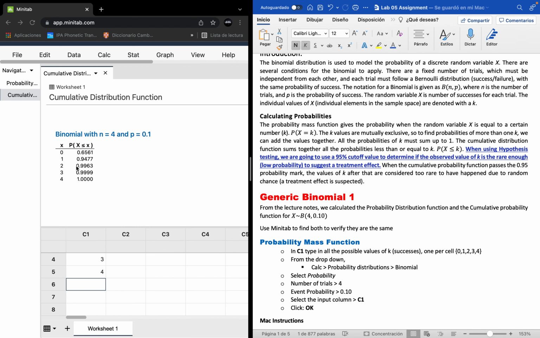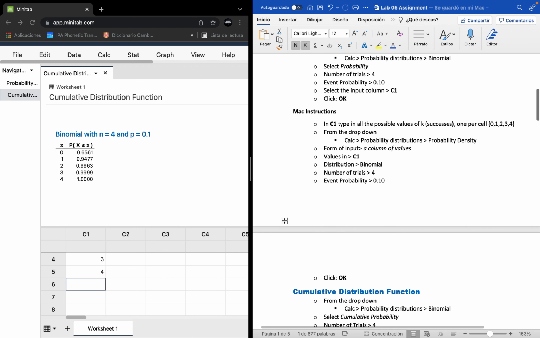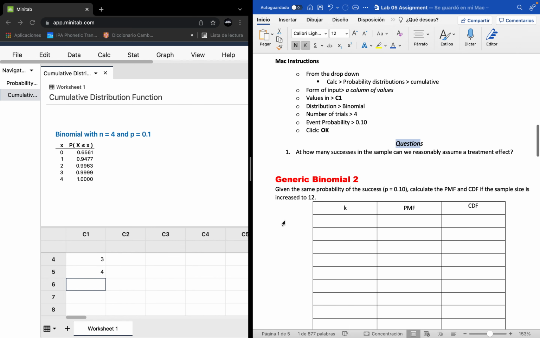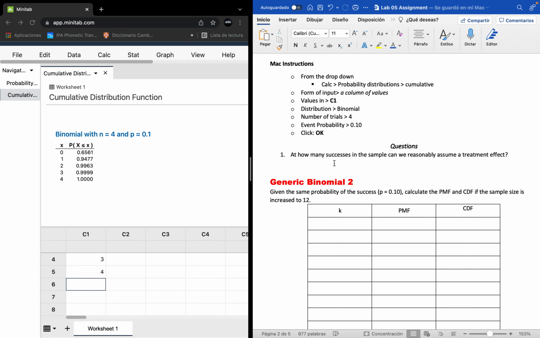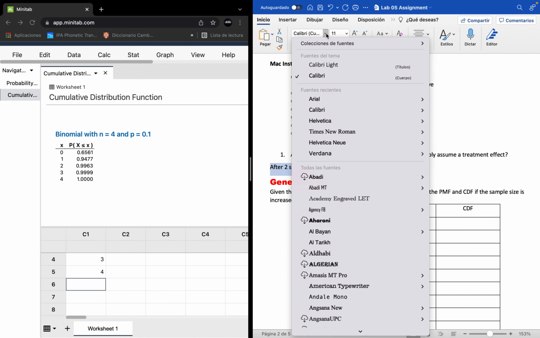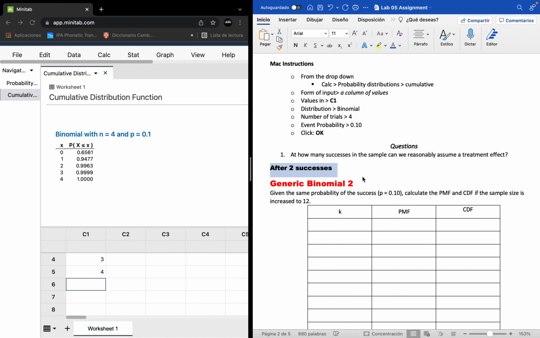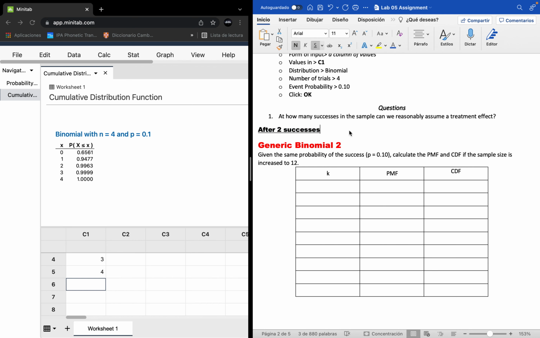So in this case, to respond to this question, we could observe a treatment effect at x equal to 2, after 2 successes.